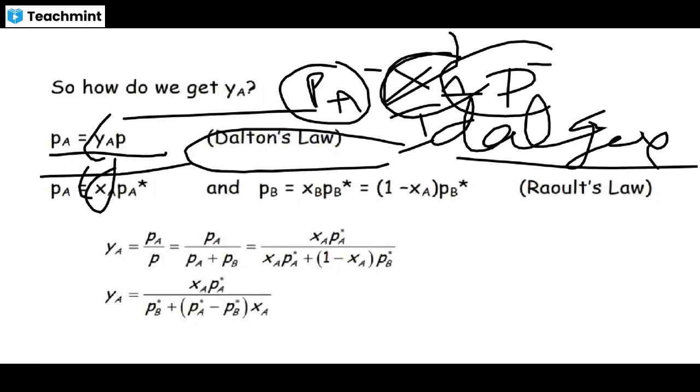Xa is the mole fraction of A in the liquid phase, Pa is the partial pressure, and P is the total pressure in the gas phase. Pa star is the pressure of pure A. So the partial pressure of B is Pb equals Xb into Pb star, where Xb is nothing but 1 minus Xa.